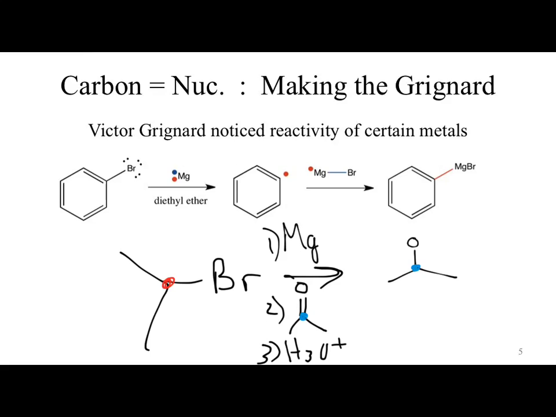Do I have the red carbon drawn yet? No. So let's draw that first. Okay, what is that red carbon bound to? 2 other carbons, I can accept that. What else is it bound to? Remember, we're reacting it. So it's no longer bound to the bromine.